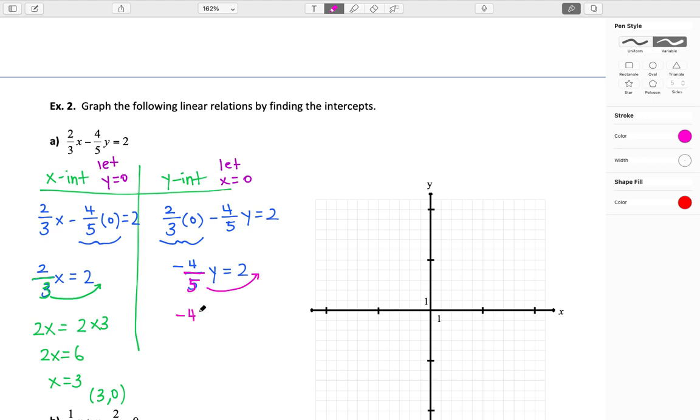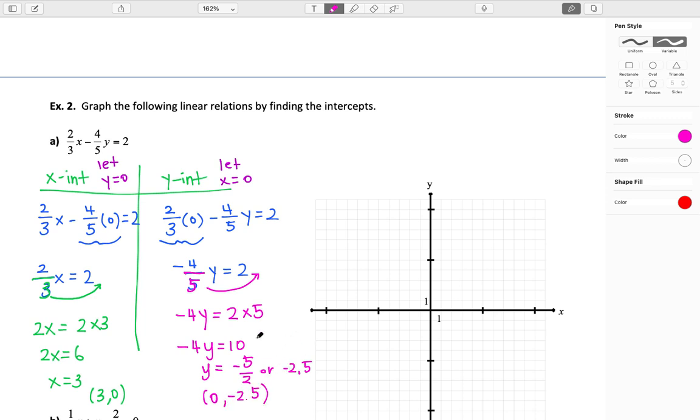So negative 4y is equal to 2 times 5. So y is equal to, divide both sides by negative 4, negative 5 over 2, or you could write it as negative 2.5. So therefore, my y-intercept is (0, -2.5).